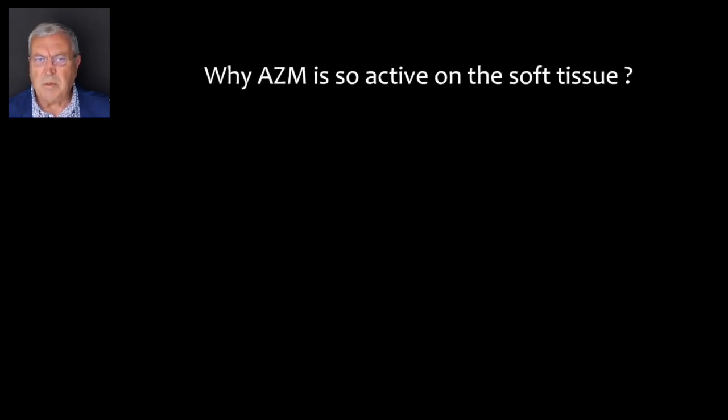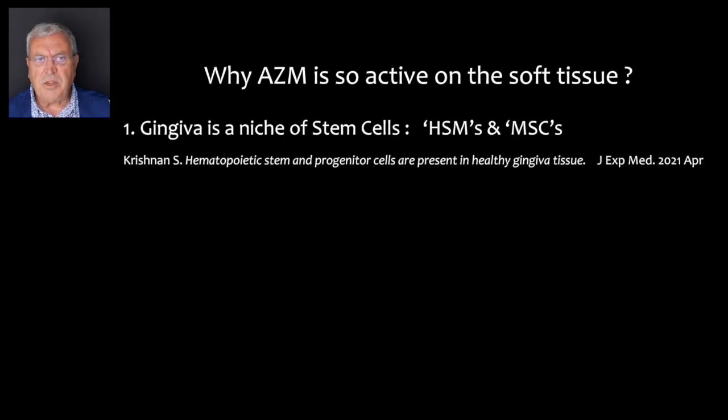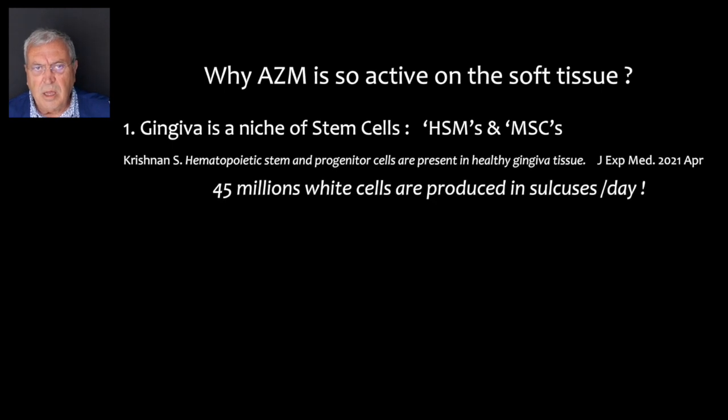What is the mechanism? Why is azithromycin so active? First, gingiva is a niche of stem cells, both hematopoietic and mesenchymal. And into the sulcuses, the gum produces around 45 to 50 million white cells every day in order to improve the immune function of the gum.